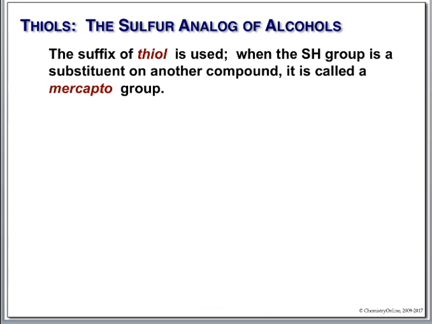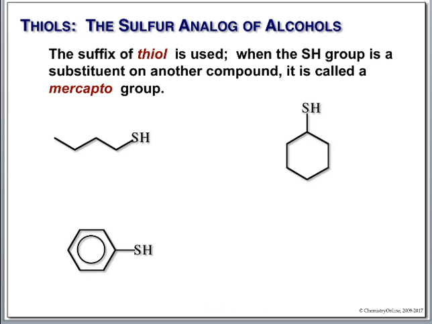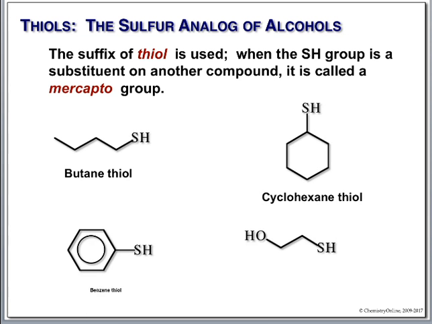An example of the nomenclature. Here we have 4 carbons. We'll call that butane thiol. Cyclohexane thiol, benzene thiol. This was the bad guy. If you do biology, I worked in biochemistry for 40 years.